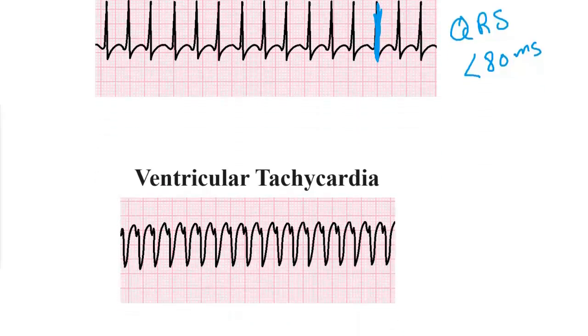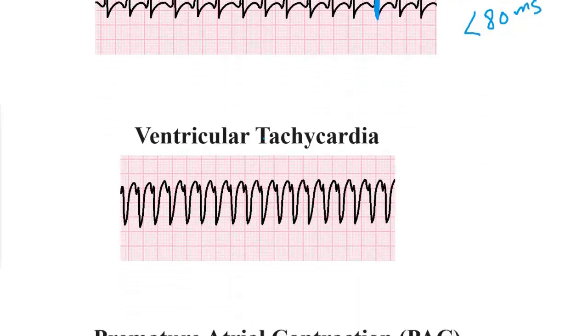Versus if we look at ventricular tachycardia, where the source of the contraction is the abnormal depolarization of the ventricle presenting with a fast heart rate, these patients have a wide QRS interval of more than 100 milliseconds. You can see here that these patients have a wide QRS interval.